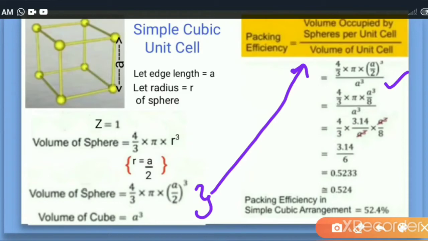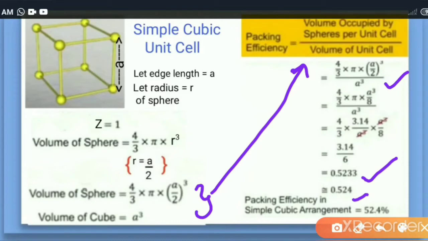When you solve this, you'll get this value. After substituting the pi value and doing the calculation, we'll be getting 0.5233, approximately 0.524.